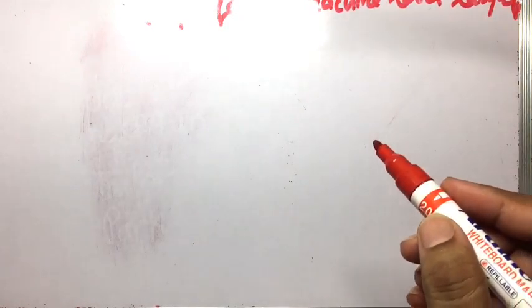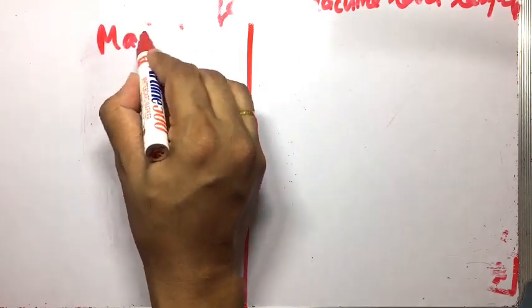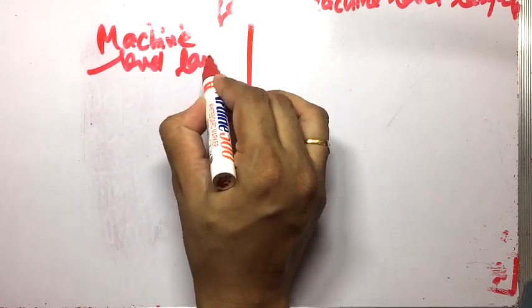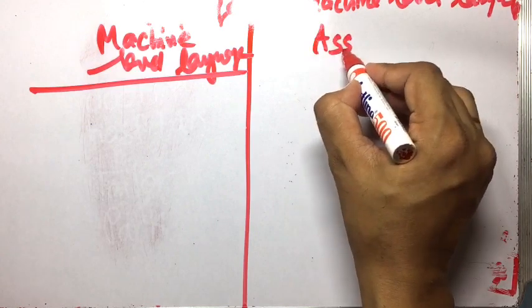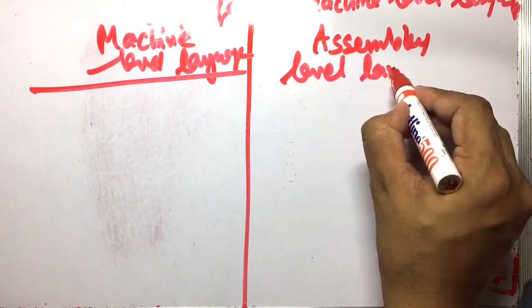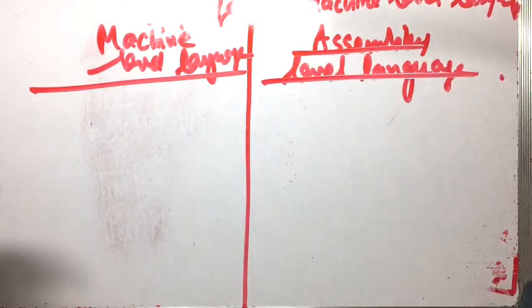First of all, in column format, we have to understand these two level languages with the help of a difference table. First of all, machine level language, and the second one is assembly level language.